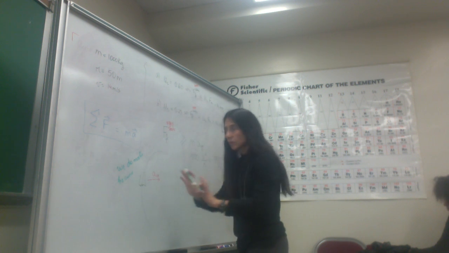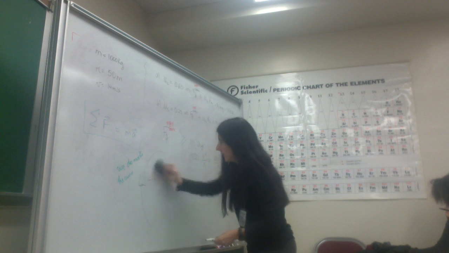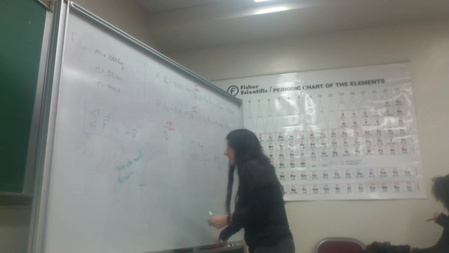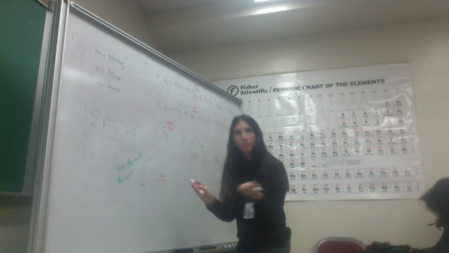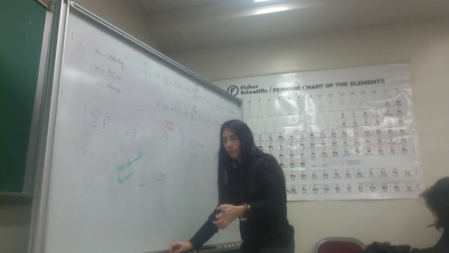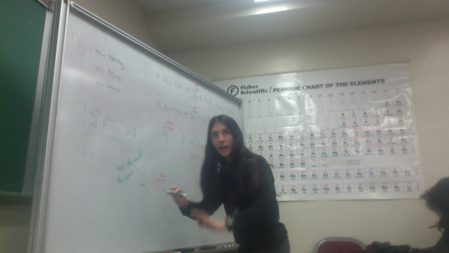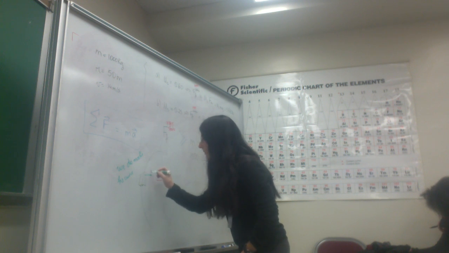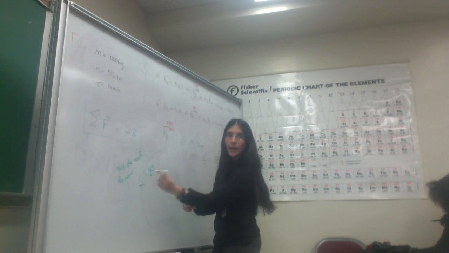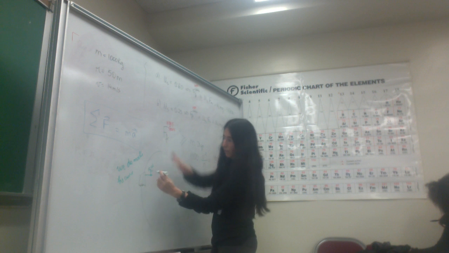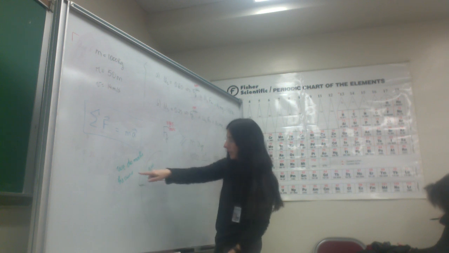This is the net. The centripetal acceleration comes from the net, the sum of all the forces. What is the only force that I have here in the x direction? Only the friction. And this is static. I can also make the Fn and the mg perpendicular in the y direction, but in the x, that's it.